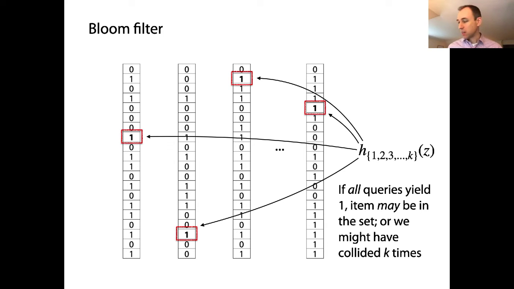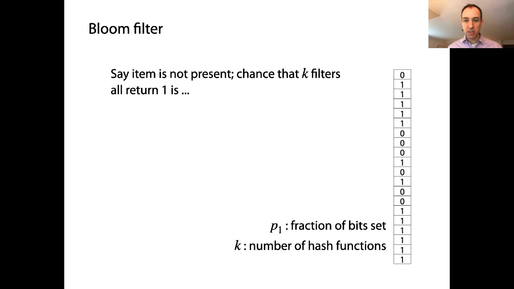And in fact, it's not too hard to analyze what we've done. So let's say, for example, that we are querying with an item that is not actually present. It's not one of the ones that we used when we inserted items into our array of k Bloom filters. We can ask the question, what's the chance that all k of the k Bloom filters are going to return a 1?